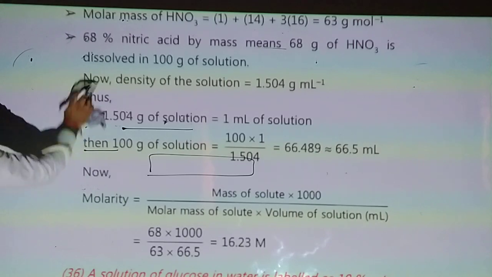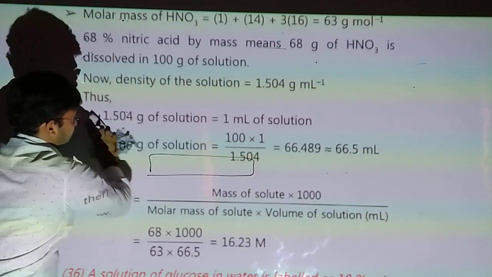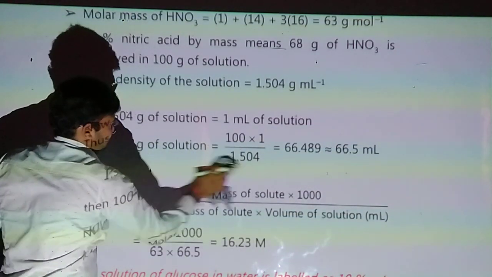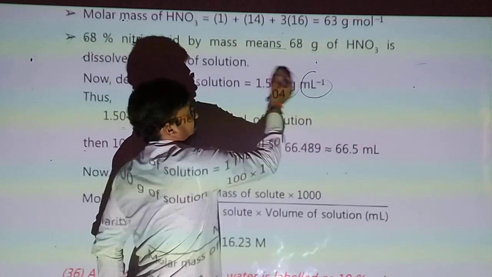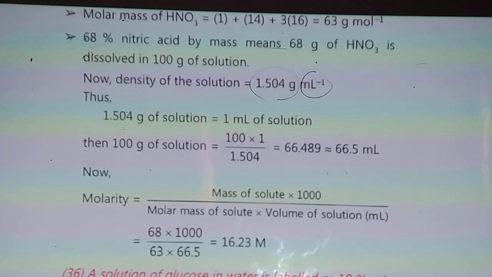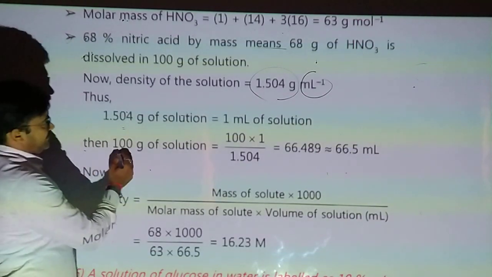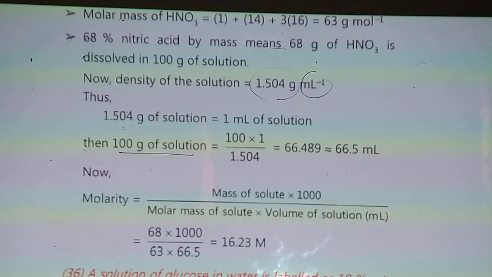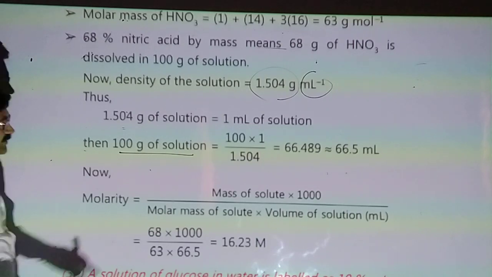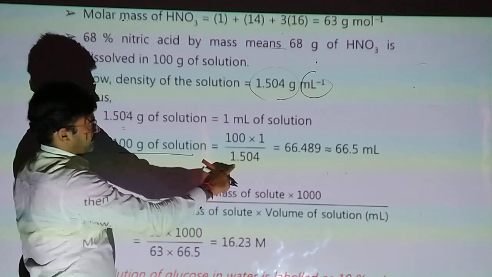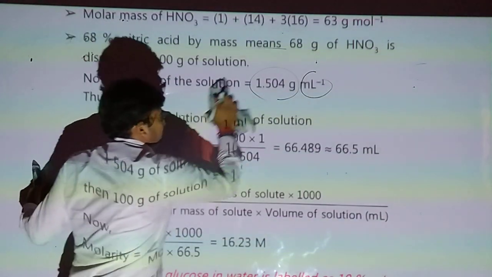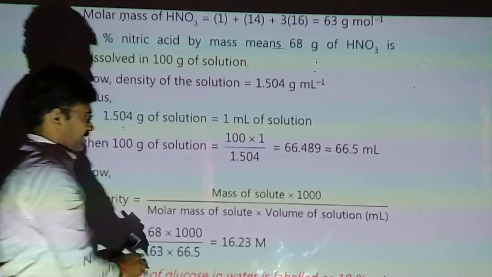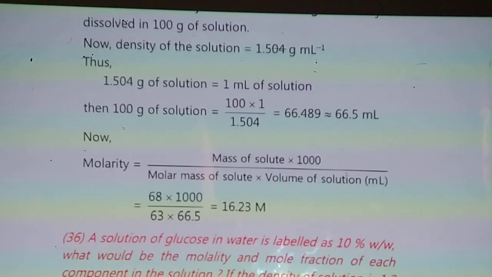It means 1.504 gram of solution equals 1 milliliter. So for 100 gram of solution, how much volume? 100 into 1 upon 1.504, 66.489, roughly 66.5 milliliter is our volume.